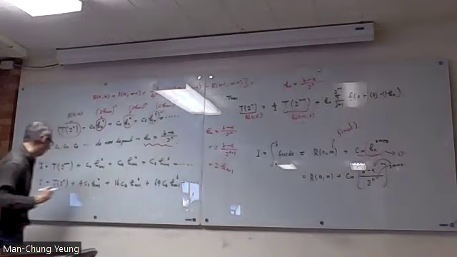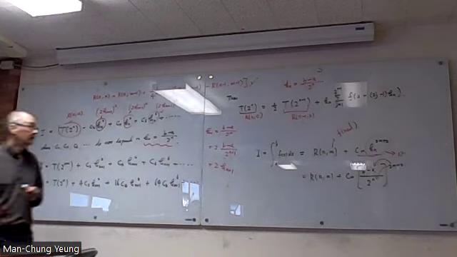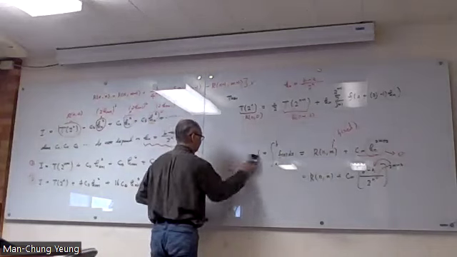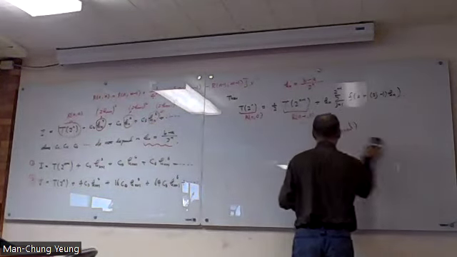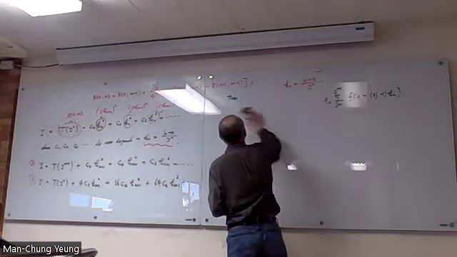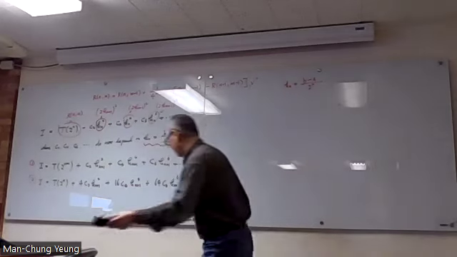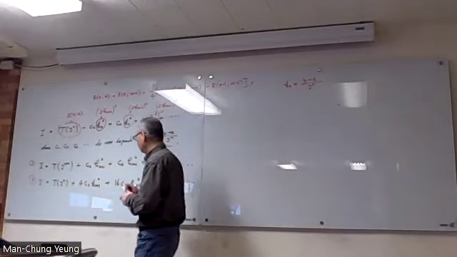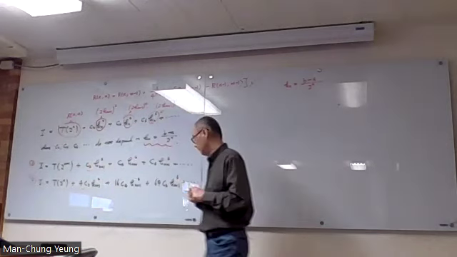Now let me name these equation 1 and equation 2. Exactly Richardson extrapolation. Now I want to cancel this term to increase the order.